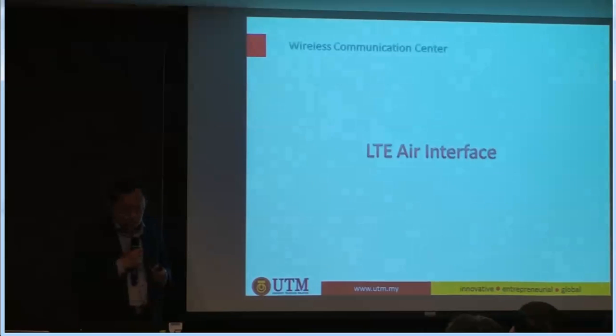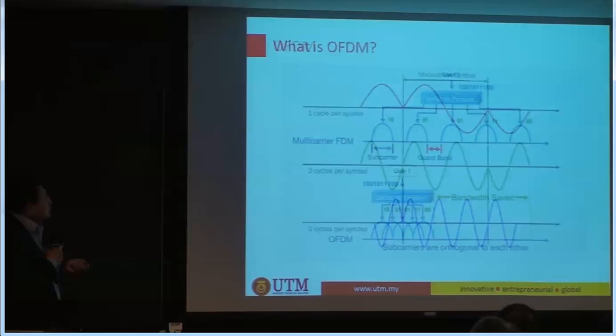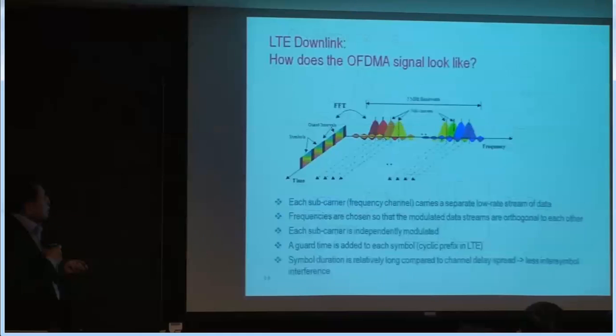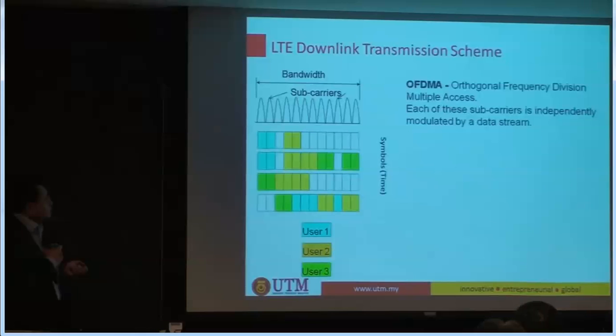In order to reduce the complexity of the mobile or UE, in LTE they have decided to use single carrier for the uplink in order to overcome the effects of the PAPR. So maybe I will just go to the last slide that we talked about yesterday.